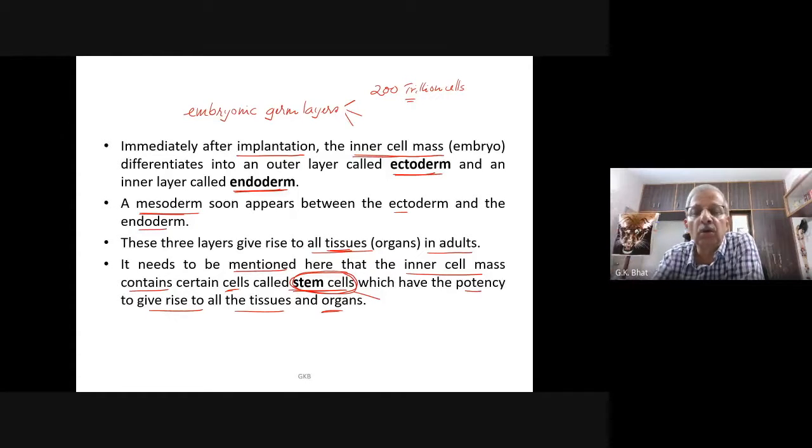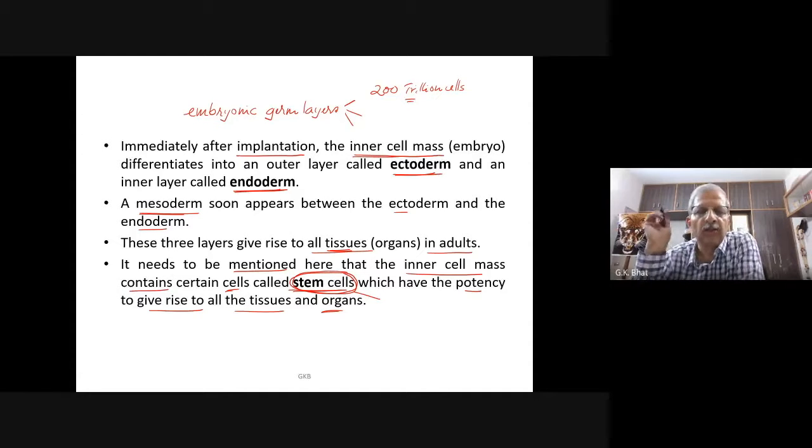It is a boon to human beings nowadays. This is very much in practice in advanced countries, and some hospitals in India have also started stem cell culture. Of course, one has to bear certain expenditure for this.